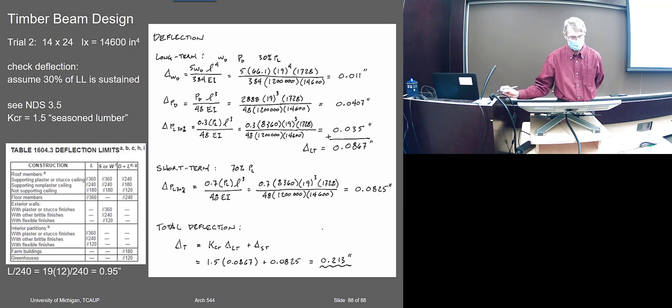And the last thing on this was a deflection check, and this is one that is at least an example showing the sustained versus the permanent. So normal, and this is a pretty common assumption, is that you assume 30% of your live load is sustained, is permanent. Most of the live load is transient, right?